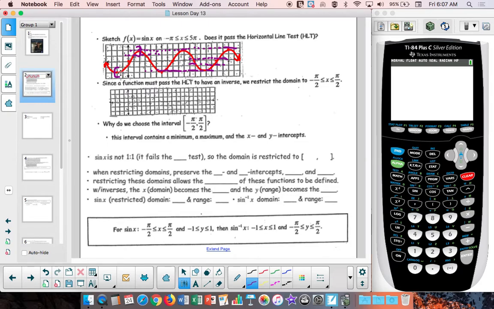The reason for that is it covers everything from -1 to 1, and it goes through 0, 0. So it goes through your starting point, which just feels like a natural thing. You don't want to start over here at pi over 2 and go to 3 pi over 2. You definitely don't want to start at 3 pi over 2 and go to 5 pi over 2. You kind of want your domain to go through your y-intercept if possible. If it's not possible, then obviously you need to choose something else. But this one we can.